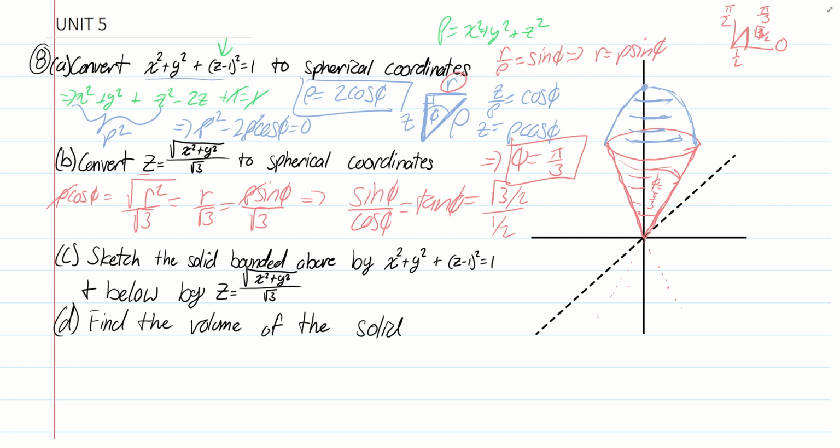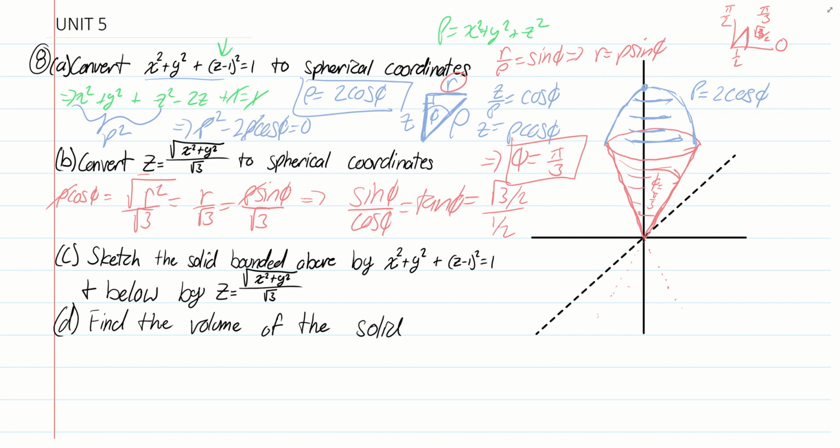I'll write down the equation: rho equals 2 cosine phi. Now that we have both of our equations, phi equal to pi over 3 and rho equals 2 cosine phi, and we've sketched our ice cream cone, we need to find the volume of the solid.